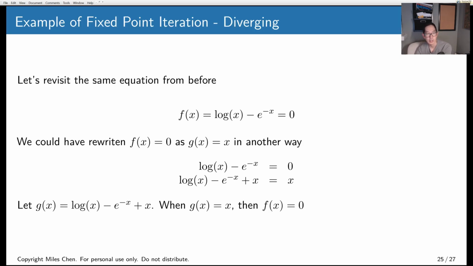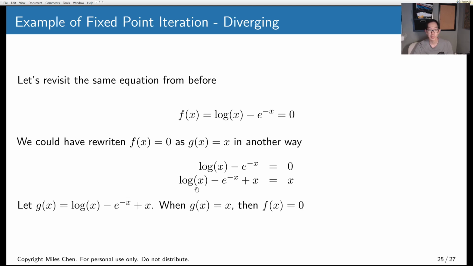Here's an example where we have a diverging fixed point. I'm going to take the same function f, where we want to find a root. What if I add x to both sides? Here f of x is equal to 0 when, I'm going to call g of x this thing, g of x equals x.